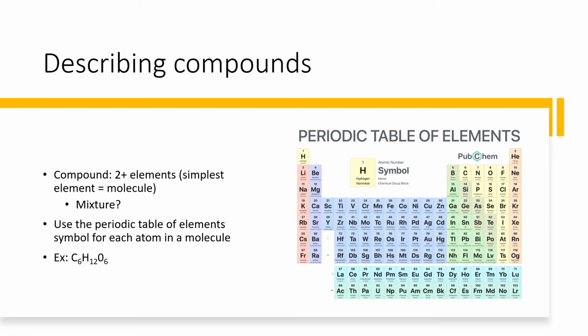A compound is some sort of molecule with 2+ elements, or some sort of substance with 2+ elements mixed together in some sort of chemically bonded situation. This requires chemical bonding.